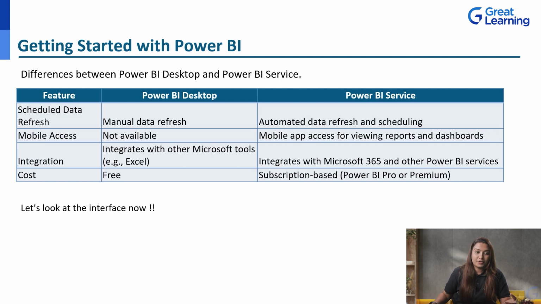Integration. How do you integrate? You can integrate with Microsoft tools, for example Excel. Any product of Microsoft compatible with Power BI, you can integrate with. Then comes Power BI service. It integrates with Microsoft 365 and other Power BI services as well. So it is more compatible compared to Power BI desktop.